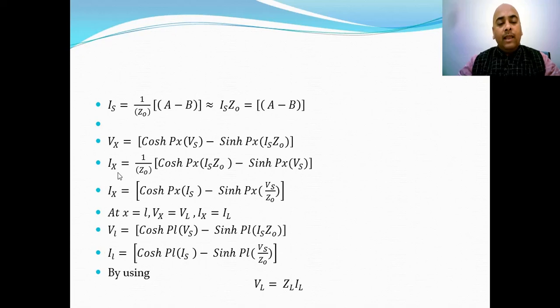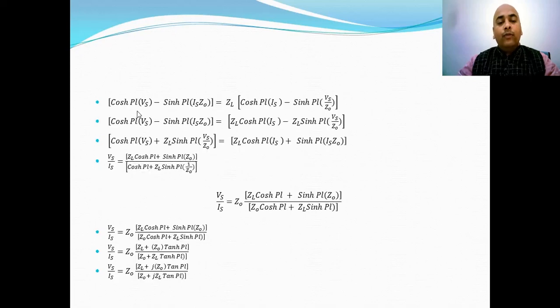Similarly, IL is equal to cos hyperbolic PL into Is minus sin hyperbolic PL into Vs by Z naught. By using the relation that VL is equal to ZL into IL, with VL as cos hyperbolic PL Vs minus sin hyperbolic PL into Is Z naught, and IL as cos hyperbolic PL Is minus sin hyperbolic PL Vs by Z naught, we obtain this equality.